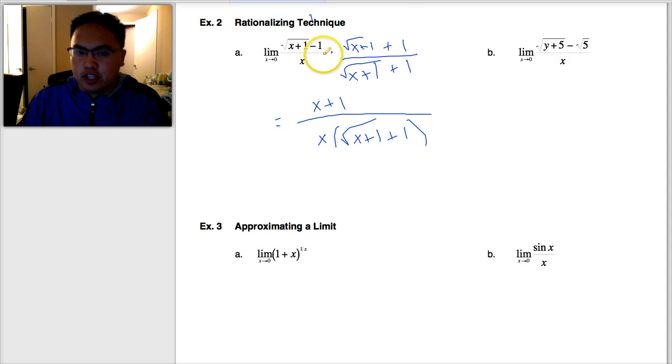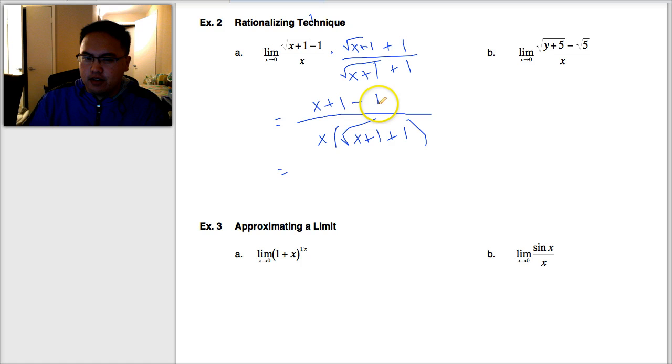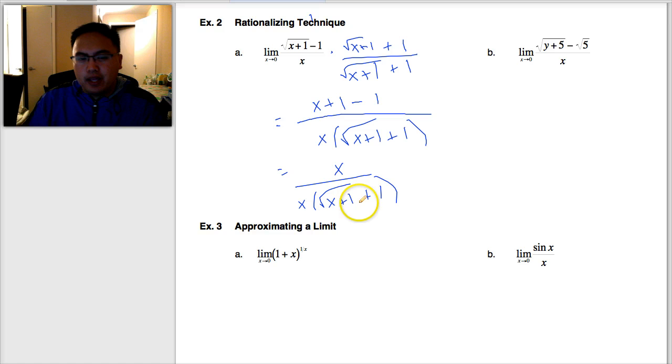So that's why we multiply by conjugates. And negative 1 times positive 1 is negative 1. Okay, so far? Now on the top, do you notice you have a positive 1 and a negative 1? So those cancel. And I get something like this. And if I plug in 0 again, I'm still going to get 0 over 0.